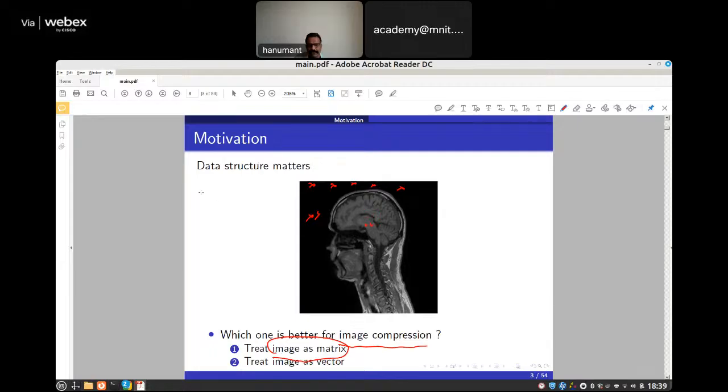What I mean is that you have an image here, and I represented it as a matrix. There is another way you can do it, as a vector. If I want to write this data matrix as a vector, this element I can keep here.